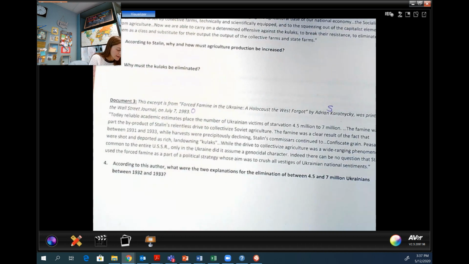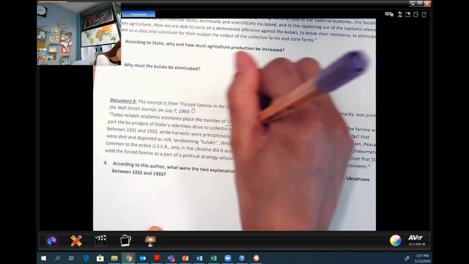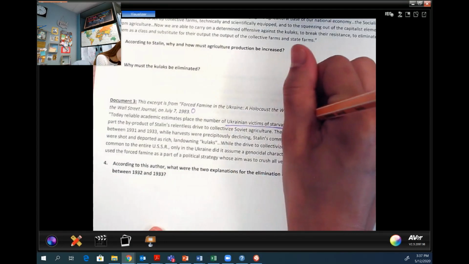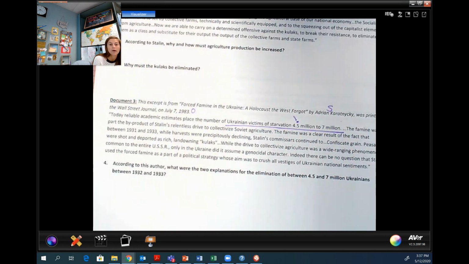Today, reliable academic estimates place the number of Ukraine's victims of starvation at 4.5 million to 7 million. Oh my goodness. So I'm going to underline that and I'm going to put an exclamation mark because, wow, that's a huge amount of people dying. The famine was in part the byproduct of Stalin's relentless drive to collectivize Soviet agriculture.